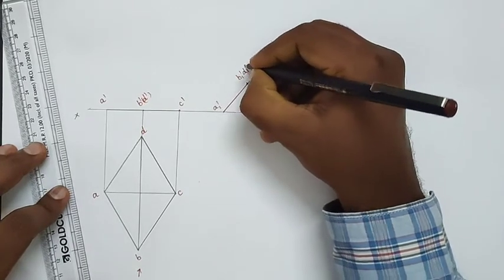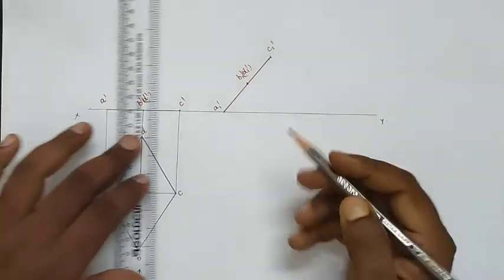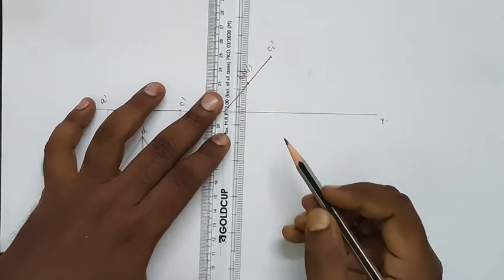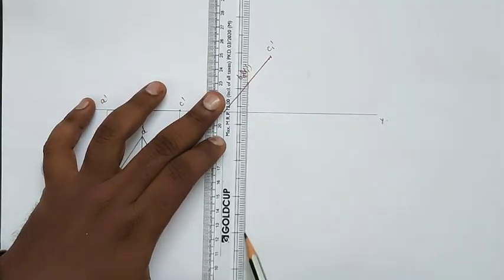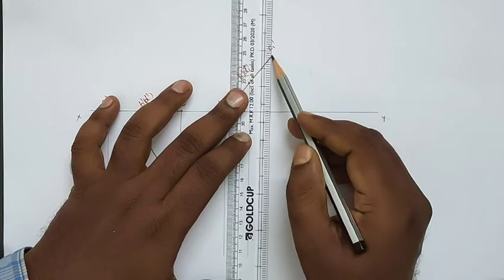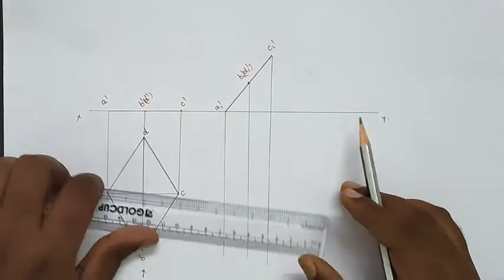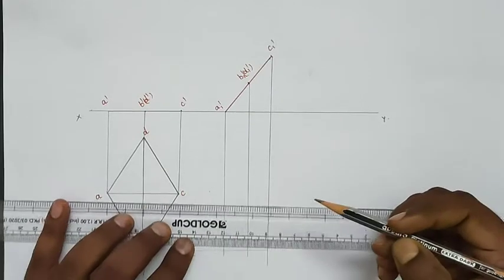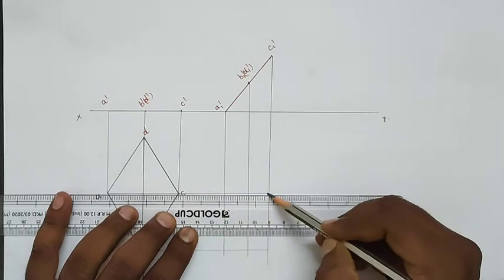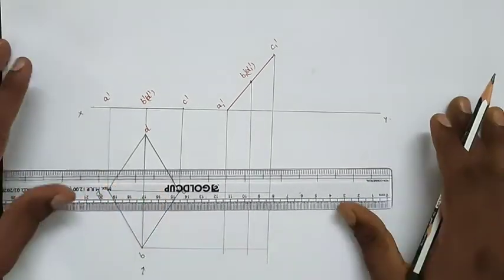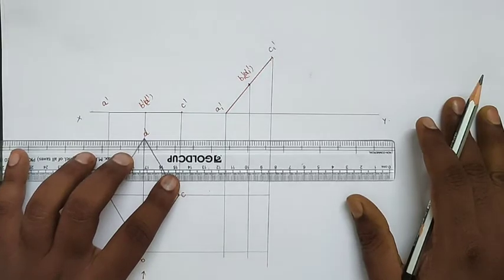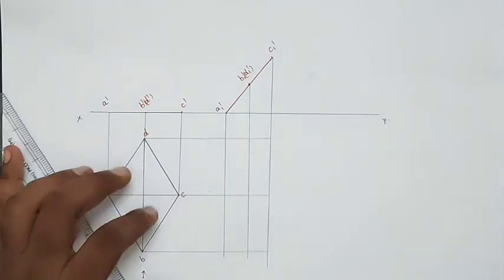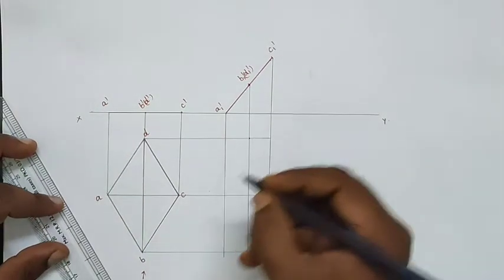Now from the second front view, draw the vertical projection lines. Similarly, from the points on the first top view, draw the horizontal projection lines. Now locate the corresponding intersecting points.